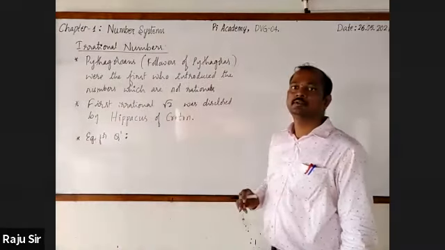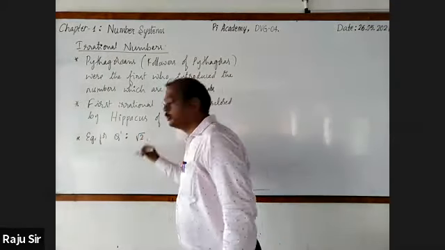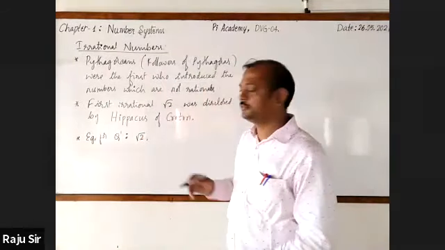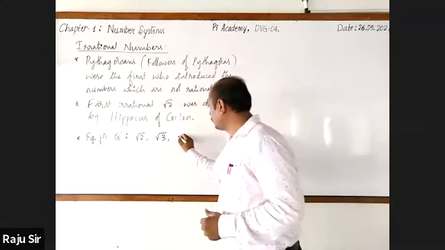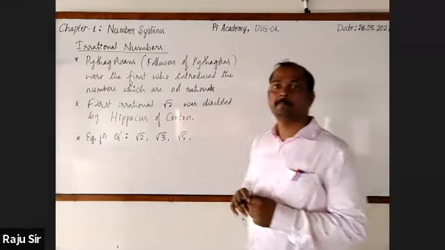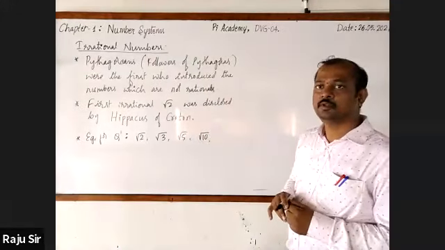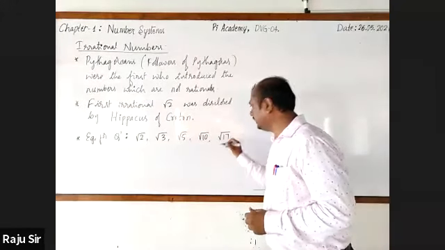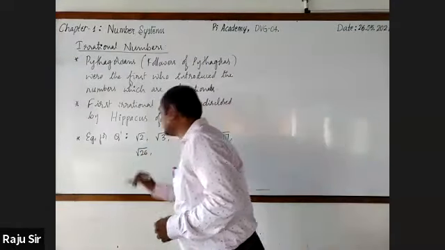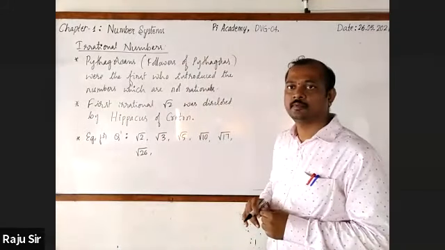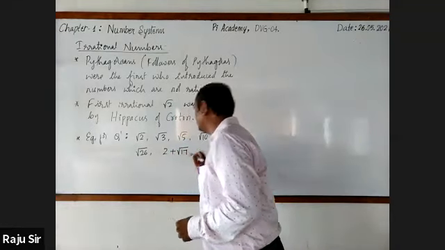Irrationals are root 2, which we are going to discuss in this chapter, root 3, root 5, root 10, root 17, root 26, and 2 plus root 17.